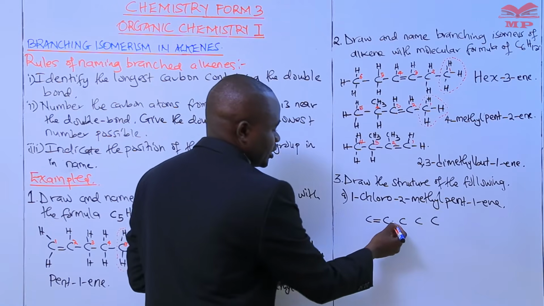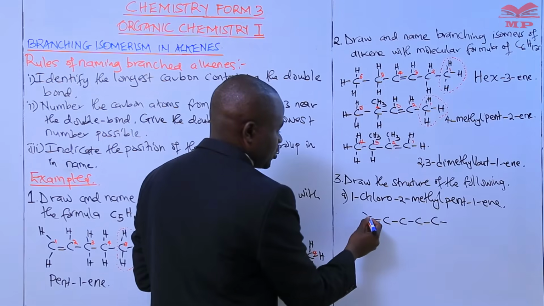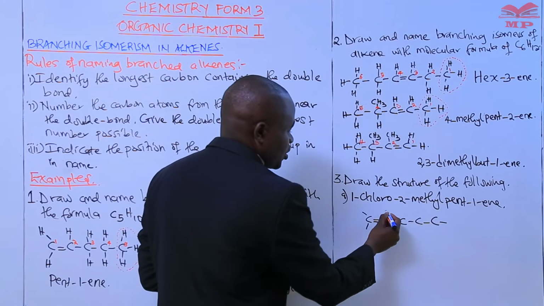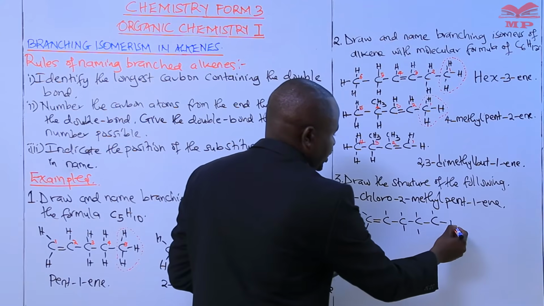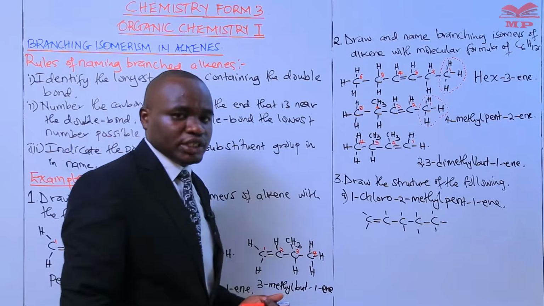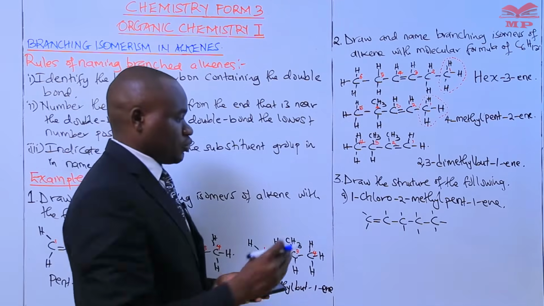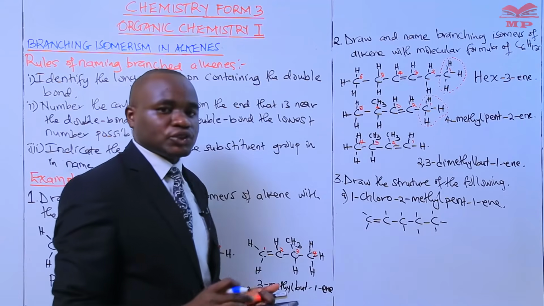Then we show the other bonds, bearing in mind that each carbon atom should have a total of 4 covalent bonds. Now, before you fix the hydrogen atoms, you look at the question. We have 2 substituent groups.